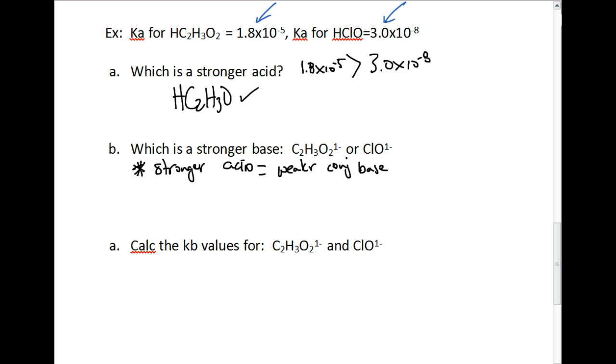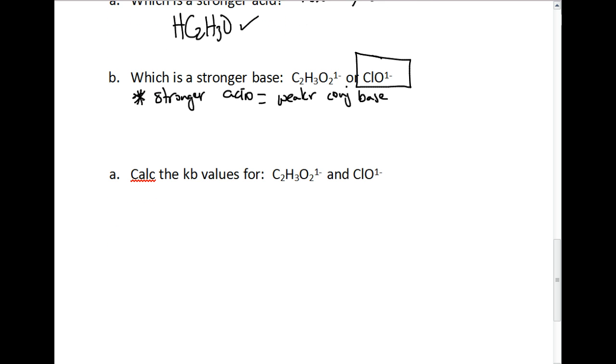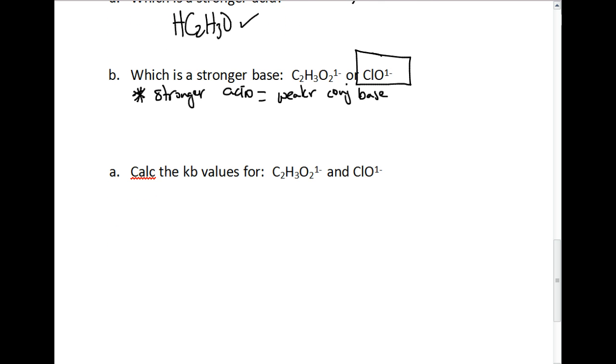So the weaker acid gives off a stronger conjugate base. And as we said before, the stronger acid was the acetic acid, so the acetate ion would be a weaker conjugate base. So the correct answer here would be, of course, ClO minus. Now let's find out if this is true, because we're being asked to calculate the Kb values, and we'll know which one is really the strongest and the weakest of the bases.